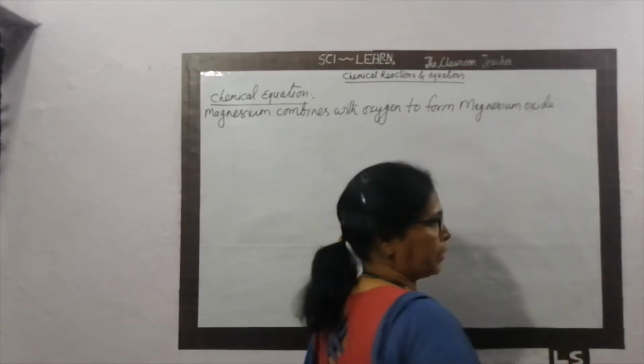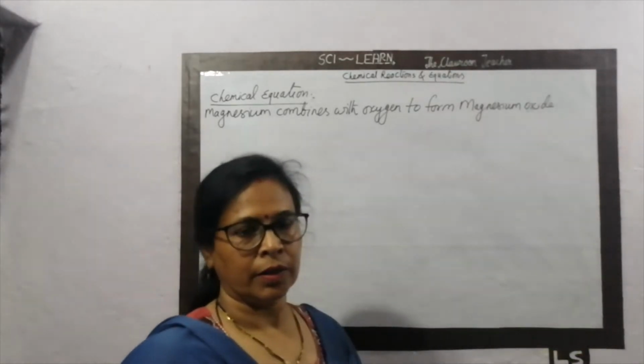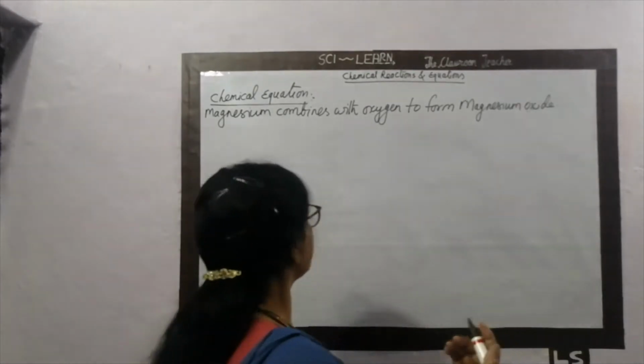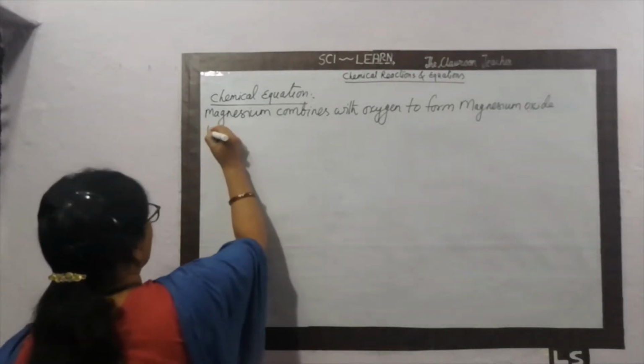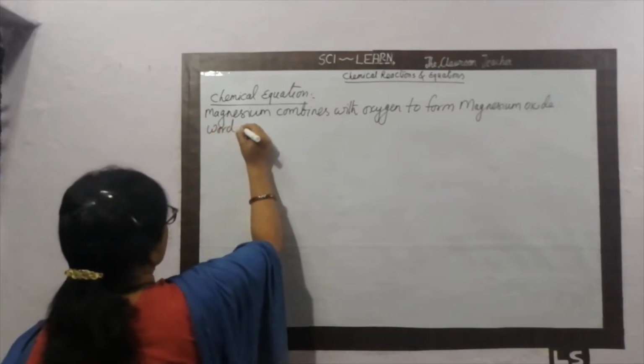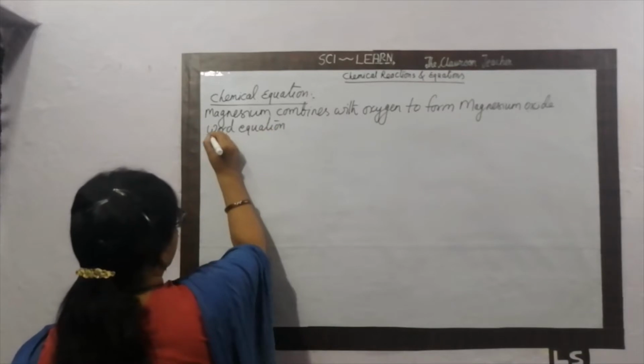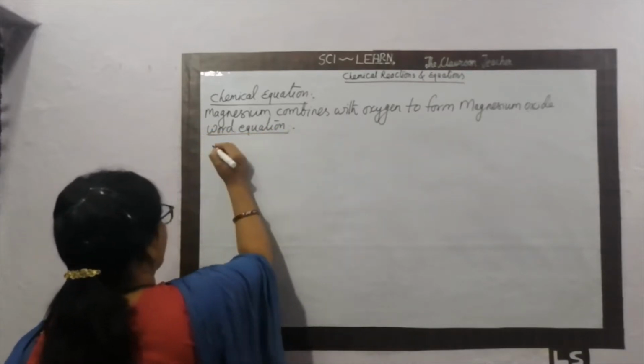This is the statement of the chemical process. If we want to represent it in another way, one is the statement and one is called the word equation. What is a word equation? We can write it like this.